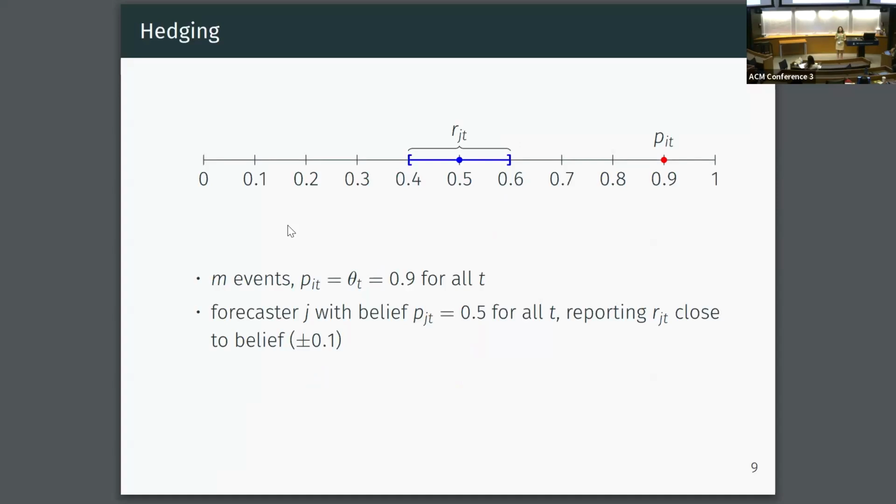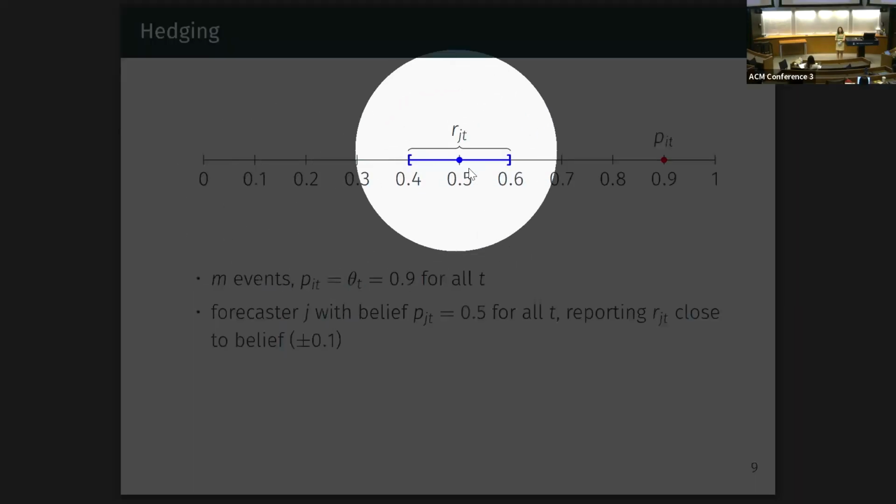Say we have M events, and forecaster i, the good forecaster's belief, is equal to the ground truth, which is 0.9 for every event. Meanwhile, forecaster j has belief 0.5 for all the events, and they're reporting approximately truthfully, so they're within 0.1 of their belief, in this interval here.